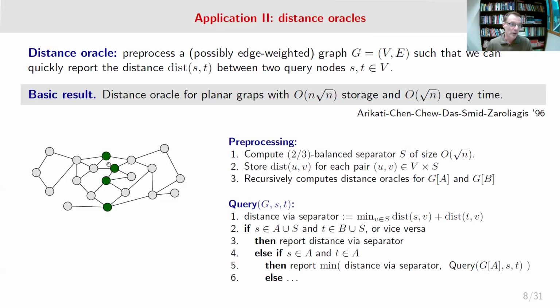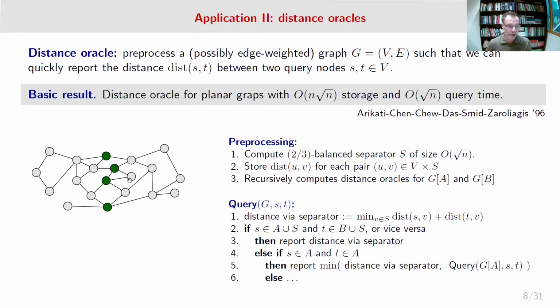And of course, if S and T lie on opposite sides, you must go via the separator. Or if one of them is on the separator, you also go via the separator. So only if both are in, let's say, this part of the graph, or both are in this part of the graph, then you have a different option.